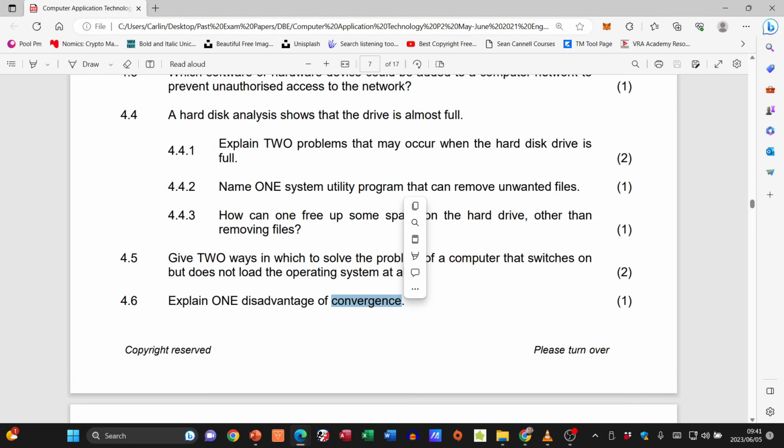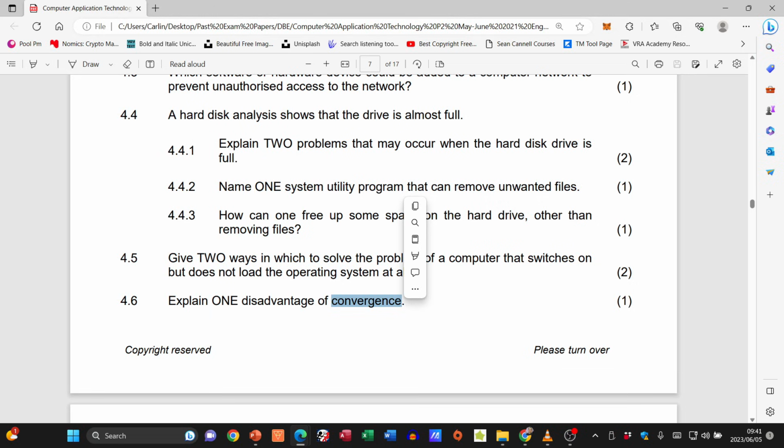So now that we know what they're talking about, what would a disadvantage of that be? Well, you could use any one of the following. Number one, the functionality of many devices is lost if the device fails. So yes, you've got everything in one device, but if that device breaks, it's gone, right? Number two, it's difficult to upgrade one particular hardware device of that particular device.